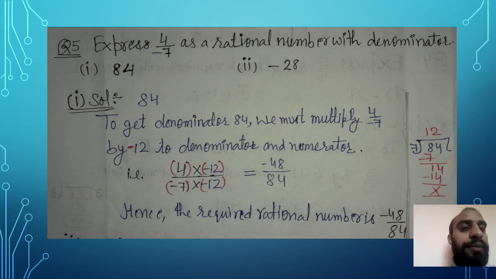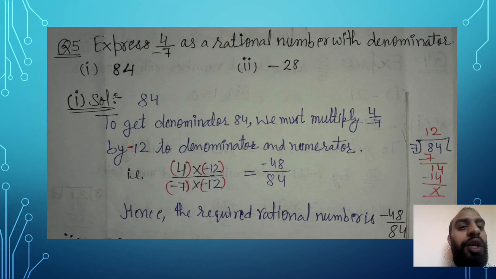Next thing is, we need the answer plus 84, but in our denominator there is a minus sign, so we need to take this 12 as a negative, so that minus into minus becomes plus. How to write the answer? Let's see.